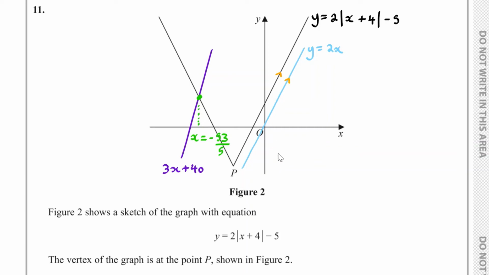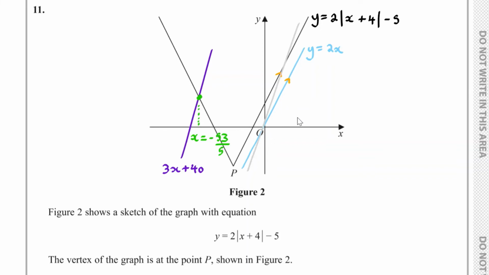Now, we were told that they intersect at least once, so if we have a steeper gradient than this line here, then that will ensure that we intersect this graph at least once. So in other words, we want something a bit steeper than this, which will intersect. Of course, I'm exaggerating the graph here.